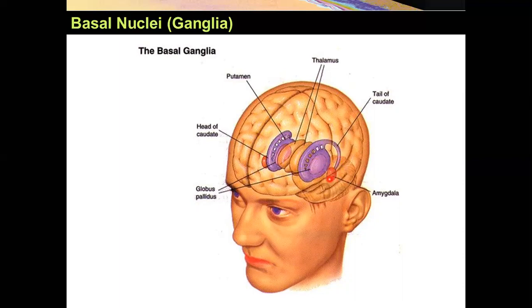This amygdala has connection with the caudate nucleus, and from outside to inside, there is the caudate nucleus, the putamen, then the globus pallidus, and then the thalamus.